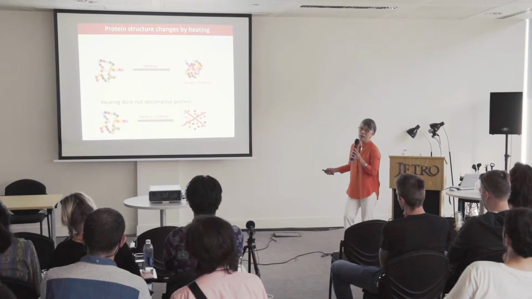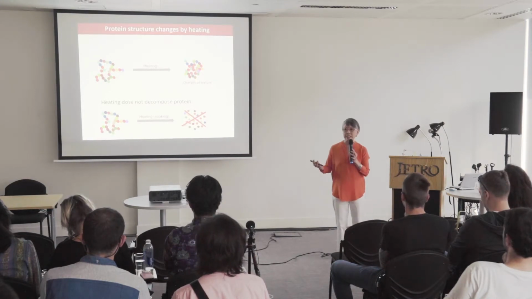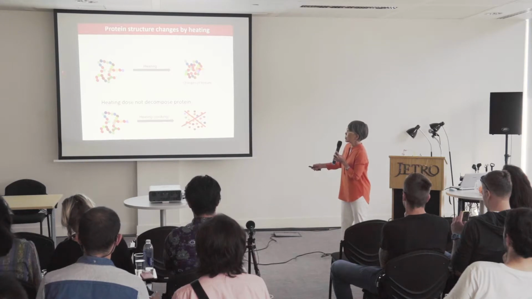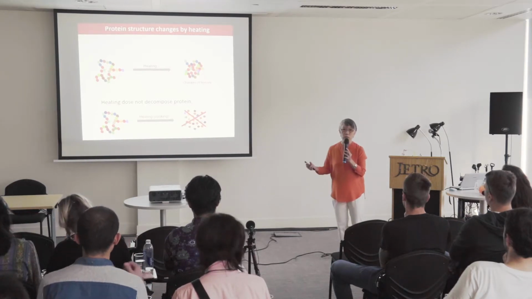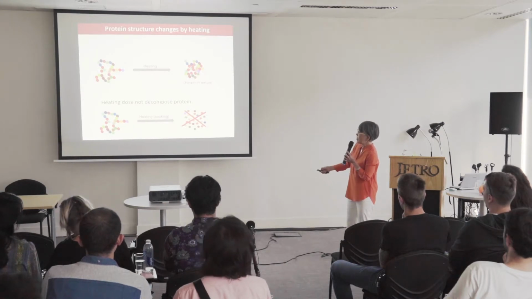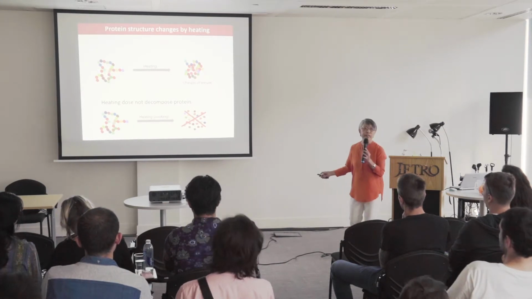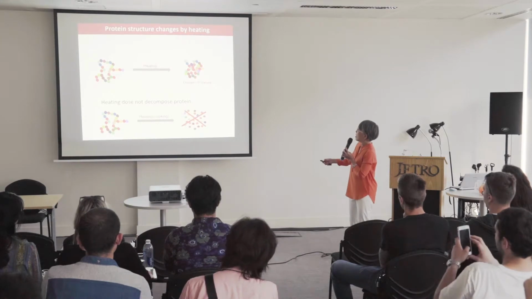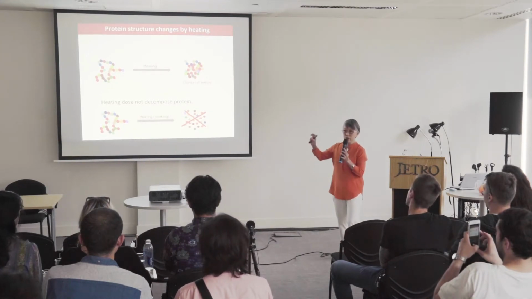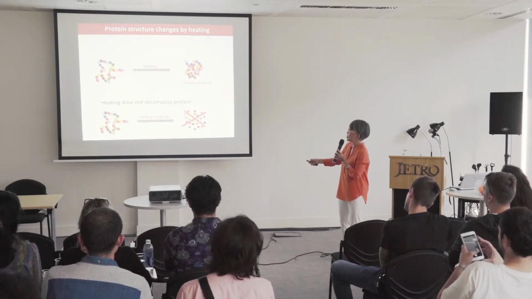You know that protein is very rich in meat and fish. Even though protein has no taste, and the heating process does not decompose protein, it changes the texture, because the structure of protein changes.